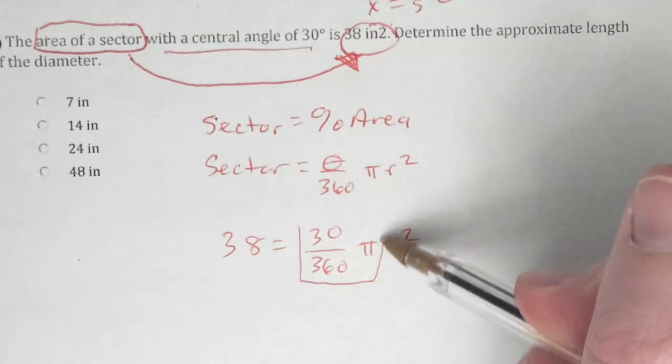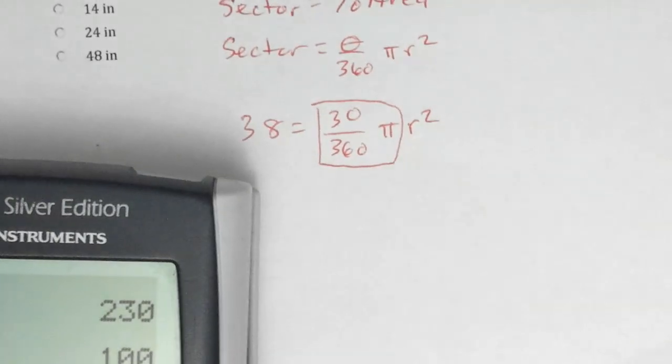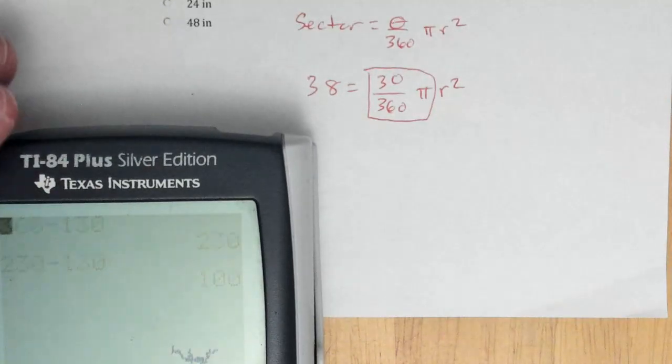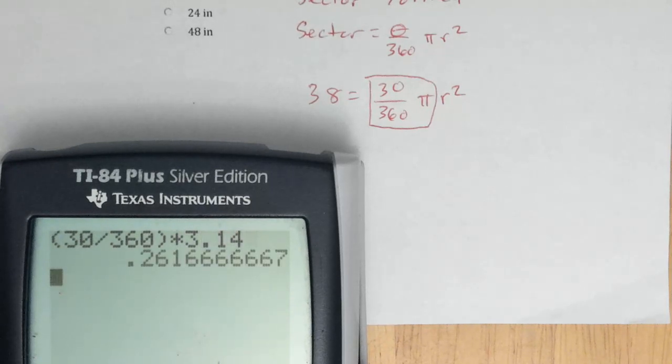This right here is actually a number, so I'm going to change that to a number. So if I put this in my calculator, 30 divided by 360 times 3.14, I get this number, right?